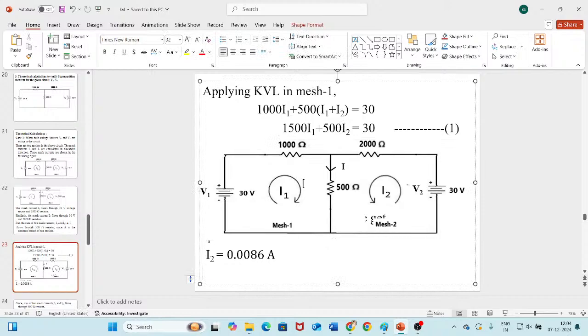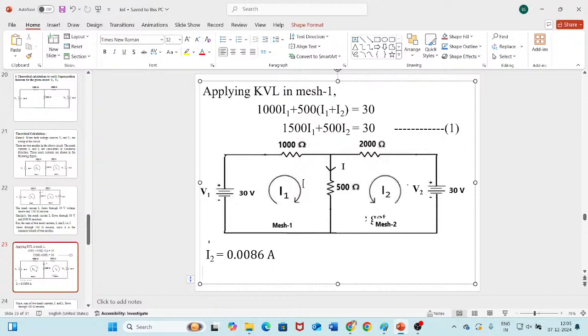Voltage source V1 30 volts and two passive elements, 1000 ohms and 500 ohms. Only total 3 elements are there: one active element, which is the source voltage, and two passive elements, 1000 ohms and 500 ohms.